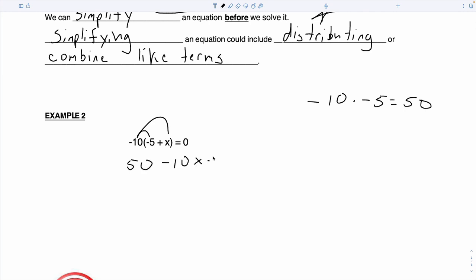Good. You changed your mind from a negative 50 to a 50. Why, Logan? Because there's 2 negative numbers and they would combine to make a positive. Same signs are good, different signs are bad. Those are the same. It should be a good guy. That's great. So negative 10 times an x just is negative 10x.